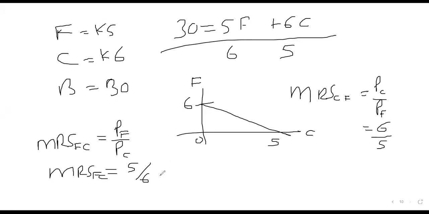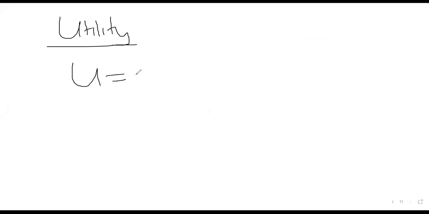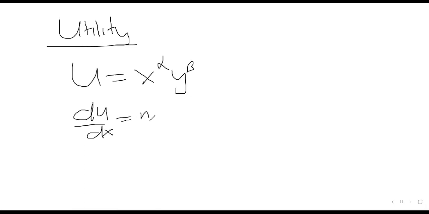Okay, so we now go to the utility function. The utility is given in terms of x and y. So du over dx is called the marginal utility of x. Du over dy is called the marginal utility of y.